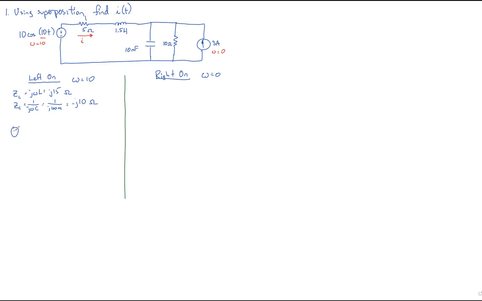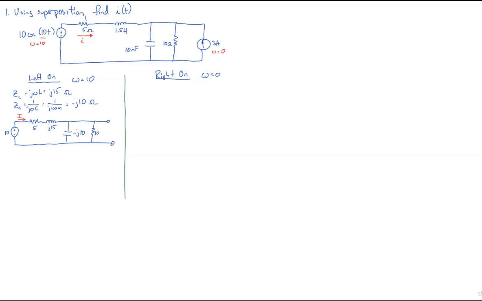We have a phasor 10-volt source. And our goal is to find this current, capital I now because we're in the phasor domain. Since the left side only is on, the right side, the current source, we replace with a 0 amp current source, which is the same thing as saying it's open.